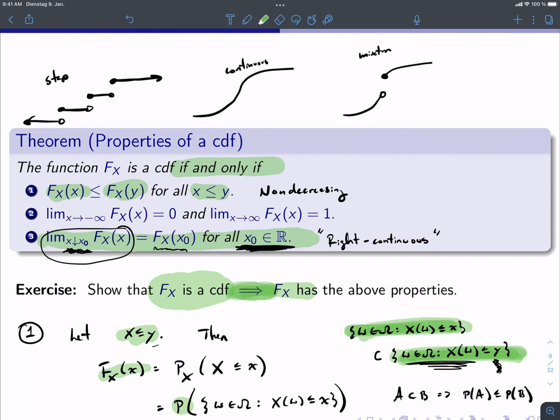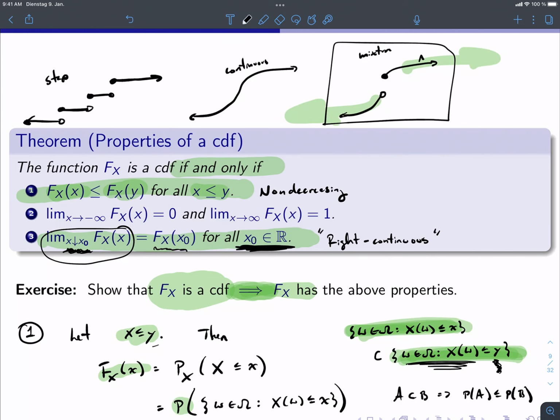So notice that this would still satisfy everything. It's non-decreasing. It limits to 1, limits to 0 going in that direction, and it's right continuous. So if I take the right-hand limit, the value of the function at the limit is equal to the limit. So it satisfies this property. Most often we deal with either totally discrete random variables or continuous. I'll put discrete there, but you can have a mixture of the two.